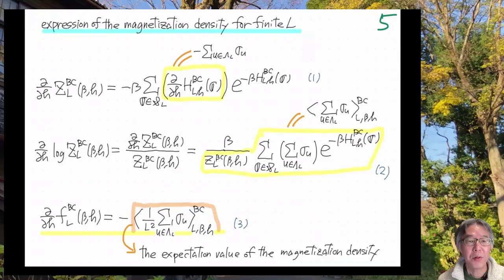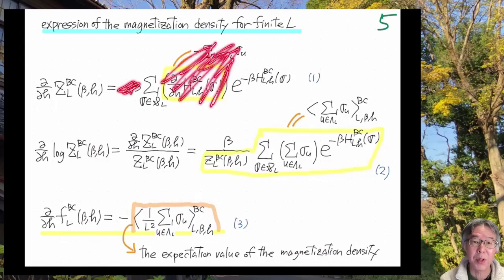As an exercise or warm-up, I want to review the expression of the magnetization density for a finite system. Actually, we do not use this as our definition, but this will be useful anyway. First of all, let us differentiate the partition function by h. If you recall, the definition of the partition function is this. If you differentiate this by h, then you just differentiate here.